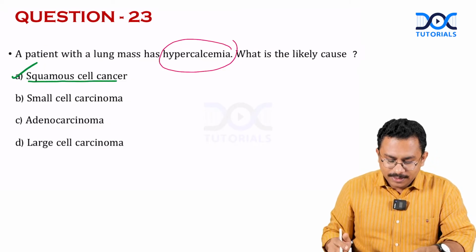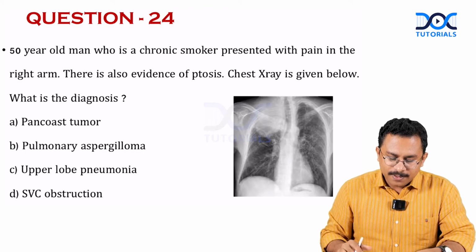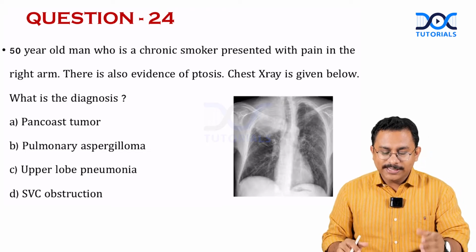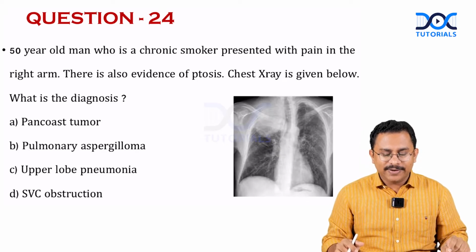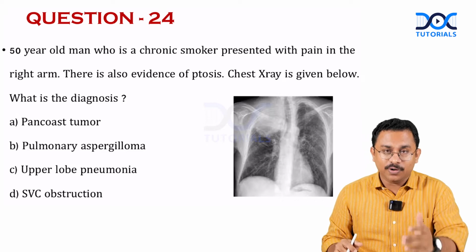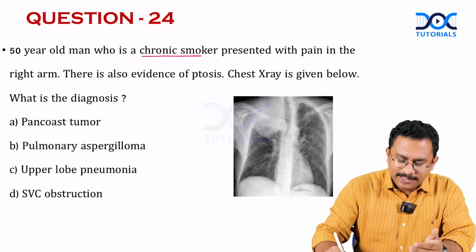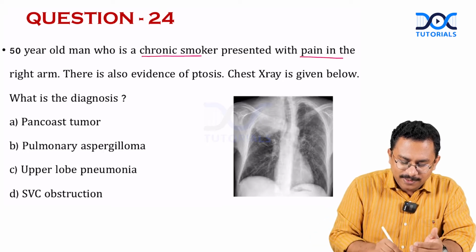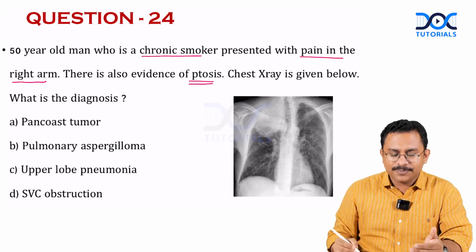Okay, right. Moving on to question number 24. A 50-year-old man who is a chronic smoker presents with pain in the right arm. Okay, there is also evidence of ptosis. Chest X-ray is given below. The history is telling you that it is a chronic smoker, and pain in the right arm is the manifestation, and also there is evidence of ptosis.